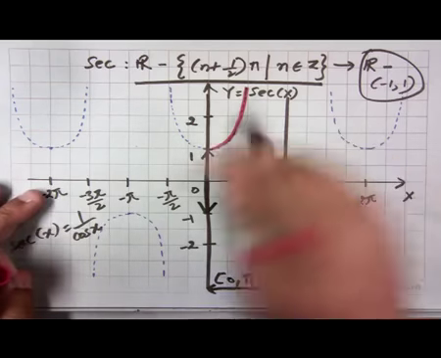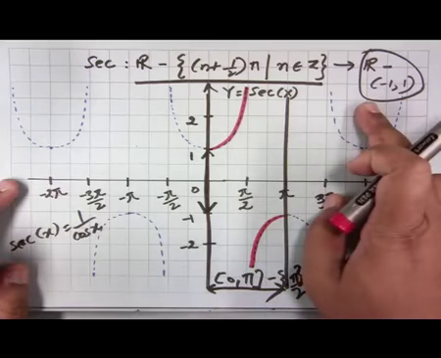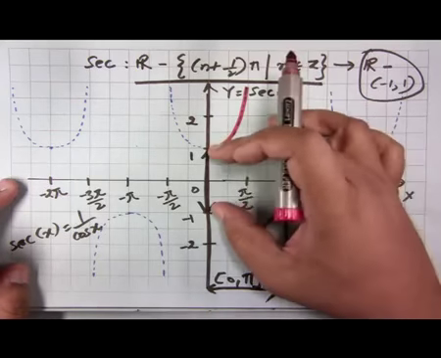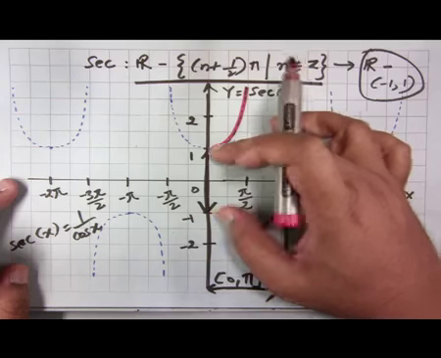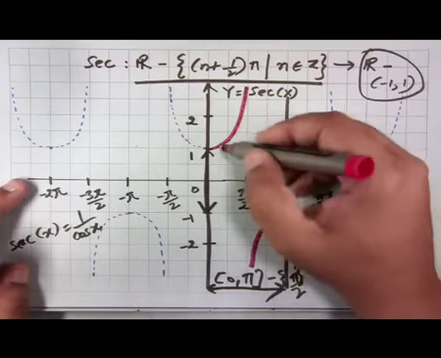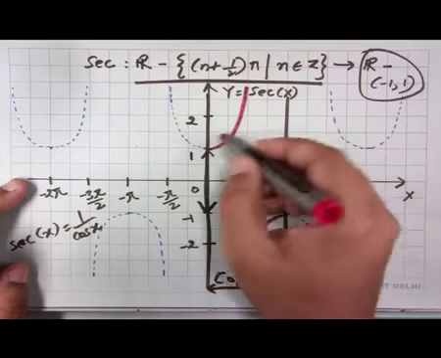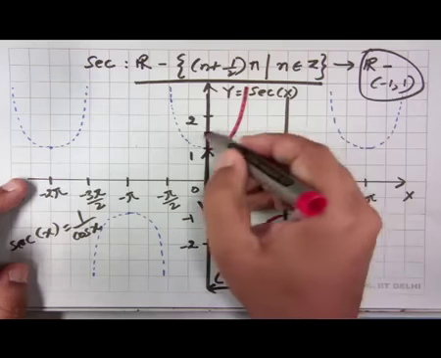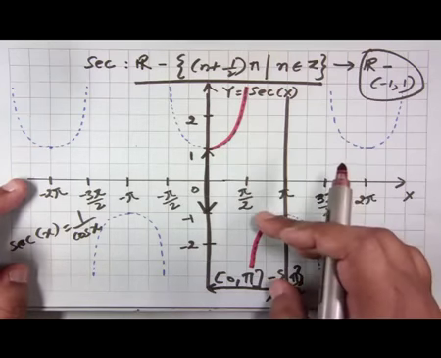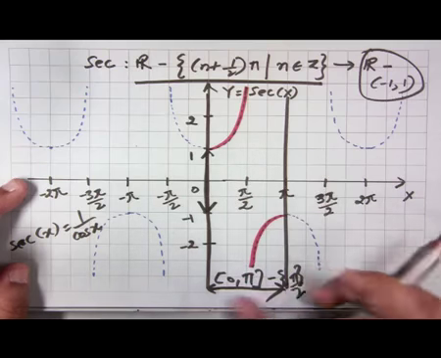As we can see, the range even after this restriction of the domain is still the same. It is still all real values except the interval -1 to +1. If we take any value of y, there will be a unique value of x such that secant of x is equal to y, and that value of x will be in this interval.